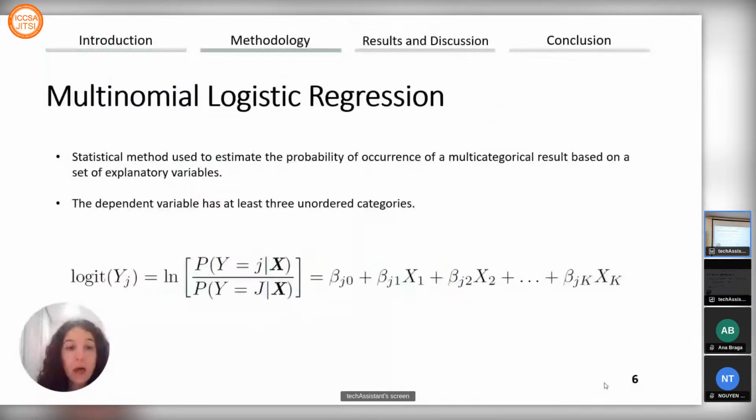Multinomial logistic regression estimates the probability of occurrence of the different possible results of the response variable, which has at least three unordered categories: qualitative, nominal, and multi-categorical. The estimation is based on a set of ordinal, continuous, and categorical explanatory variables.